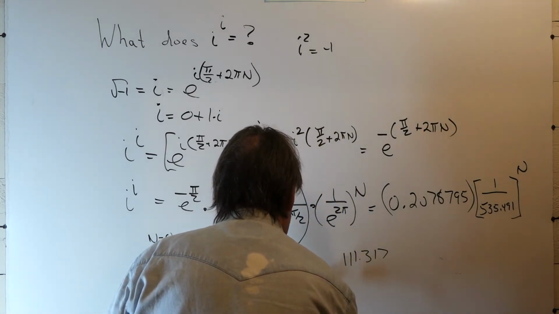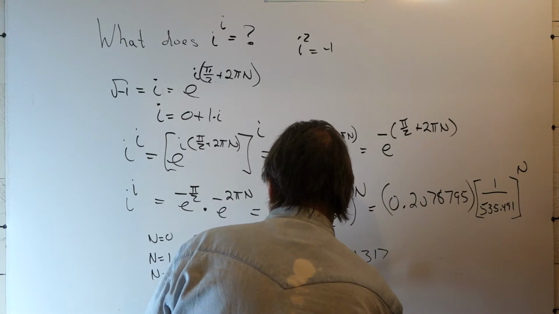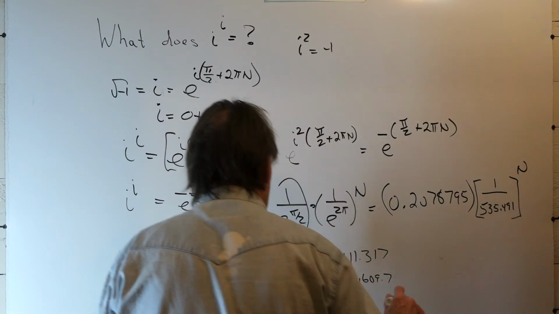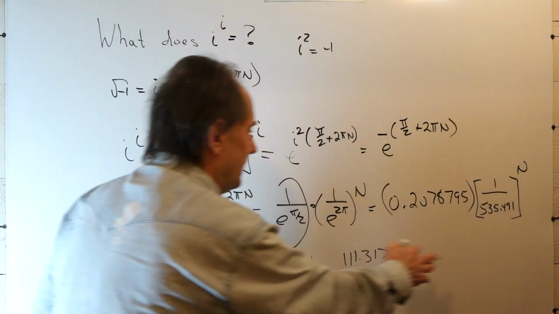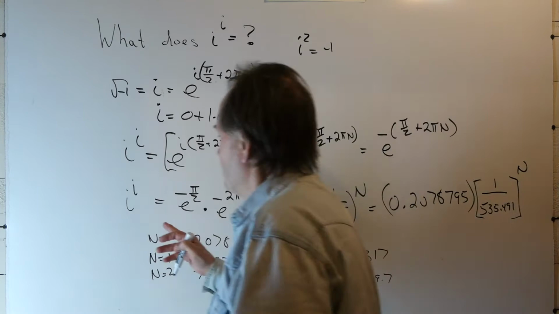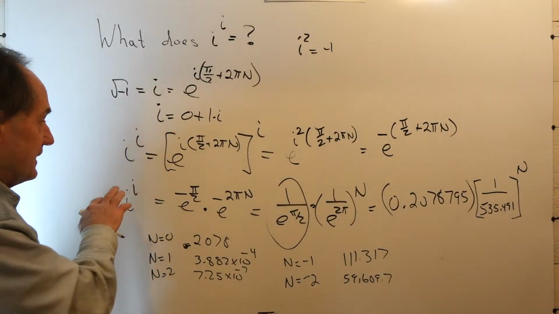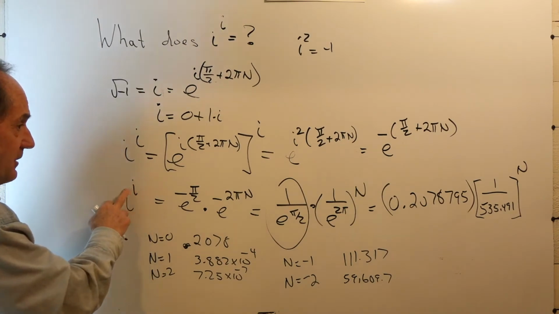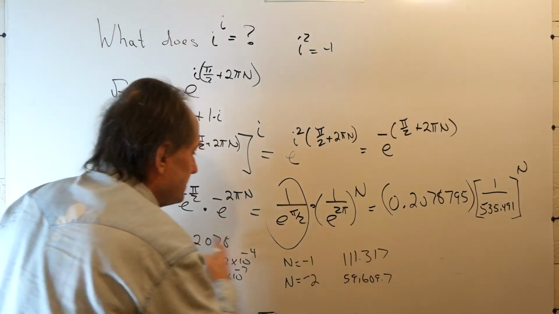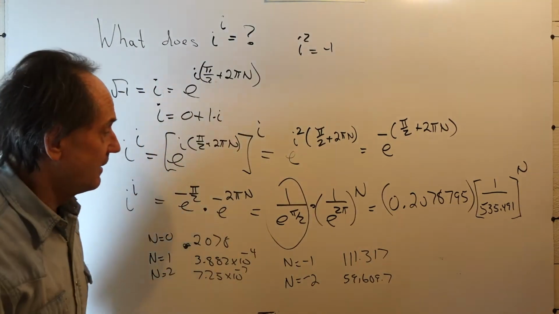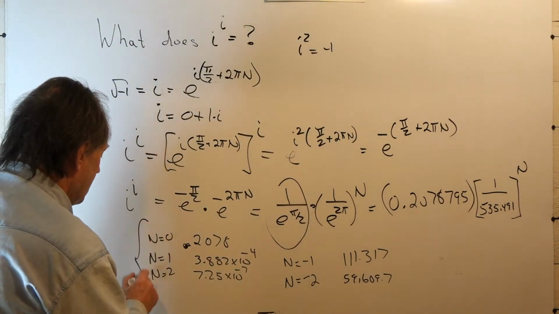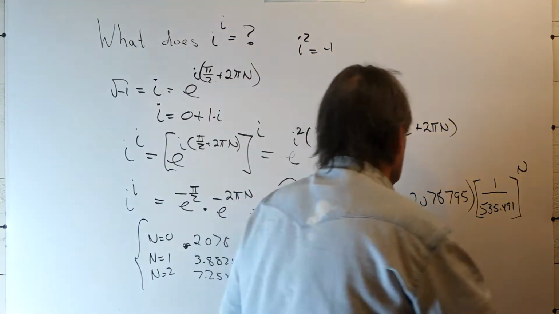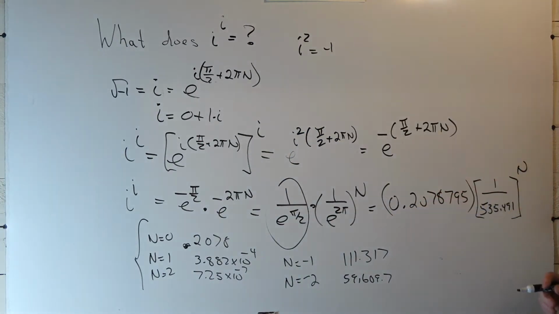When n is minus 2, the value is 59,609.7, and so on. So we can get an infinite number of values for i raised to the i power. What's really curious is that we have an imaginary number raised to an imaginary power, and the values it represents are all real. So i raised to the i power is a real number, and its principal value is 0.2078.